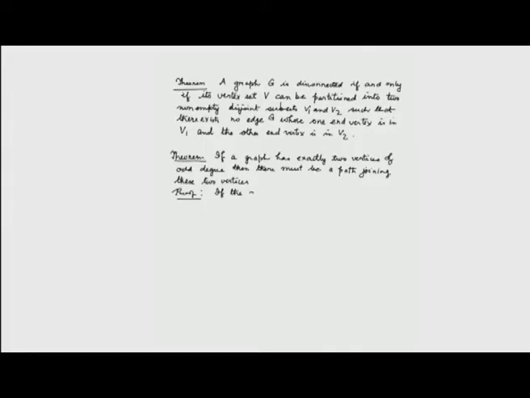Now, suppose this graph is connected, then there is no problem, because then of course any two vertices have a path joining them, and therefore these two odd degree vertices have a path joining them. So, I can write, if the graph is connected, there is nothing to prove.